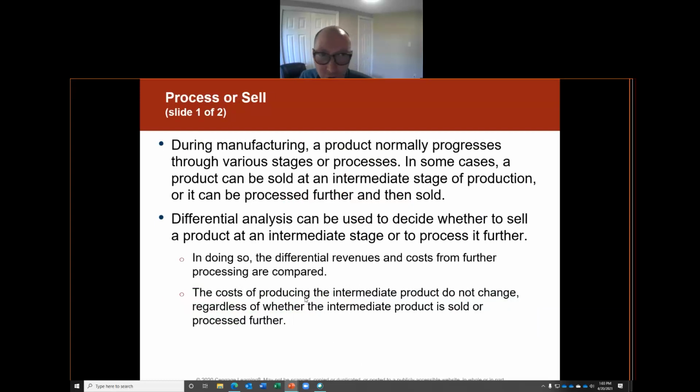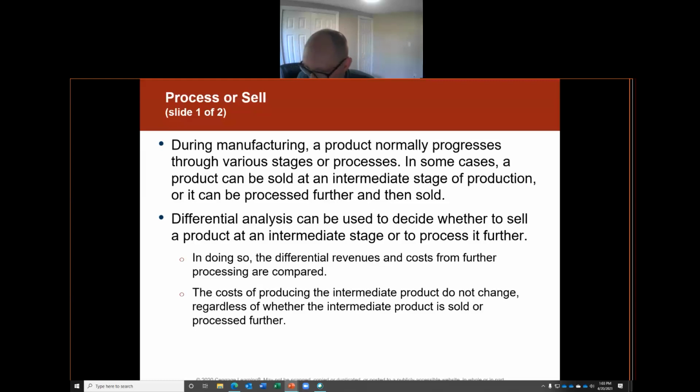What about the decision to process or sell? In this type of situation, think of an oil processor. They can process it further or sell it as it is. Oil has a couple of different derivatives.